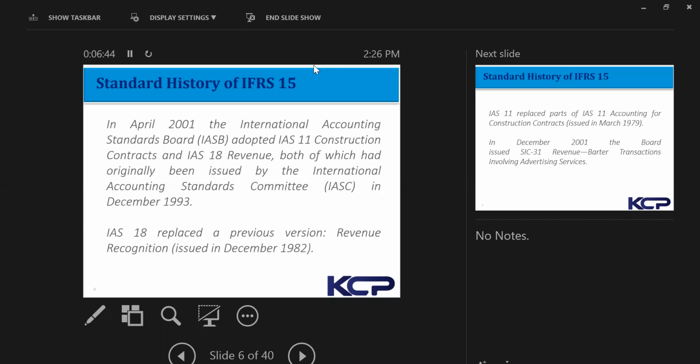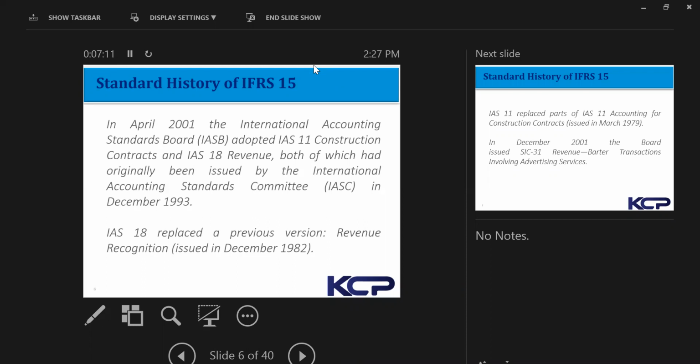So IAS 18 replaced a previous version. As at 1982, we used to have that same IAS 18, but it was tagged revenue recognition. Do you understand? So in the later date, 2001, it was amended and simply called revenue, right?